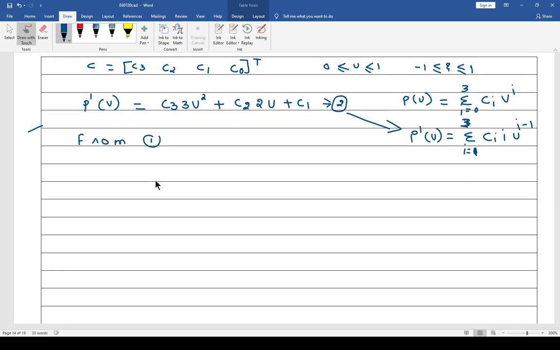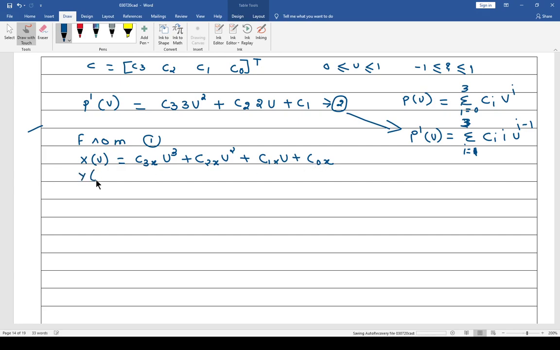Its meaning is x of u is equal to c3x u cube plus c2x u square plus c1x u plus c0x. So this is in terms of x coordinate.